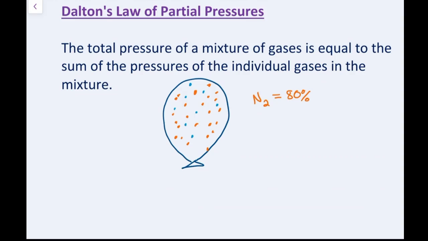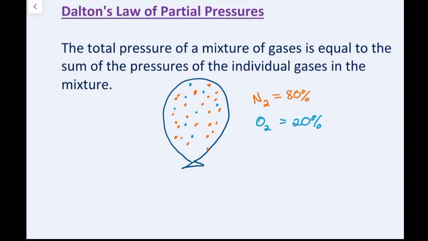So Dalton's law of partial pressures basically says the total pressure inside the balloon is equal to the sum of the pressures of the gases that are mixed together in that balloon. So let's say, for example, we had 80% of the gas in the balloon is nitrogen, so let's just keep it simple and say that we have 0.8 atmospheres of pressure due to nitrogen. And then we would have 0.2 atmospheres of pressure due to oxygen.